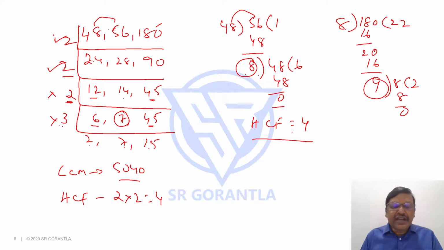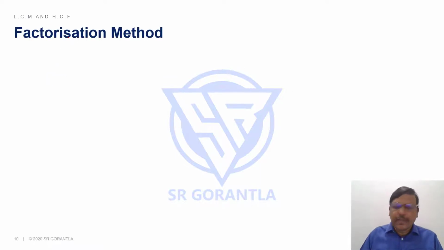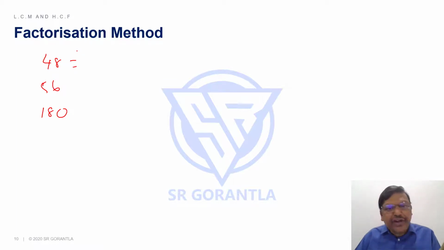Right? So let's now take the factorization approach. Students, if I take the same 48, 56 and 180, let me take them into prime factors. See, we have a video on how to convert a given number into prime factors. I hope you watched that, so you know how to convert this.